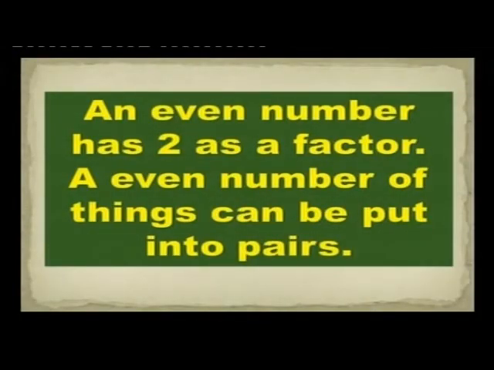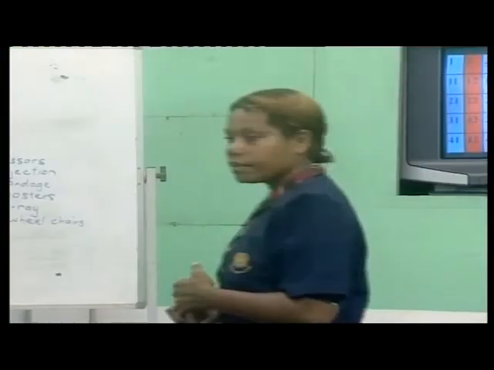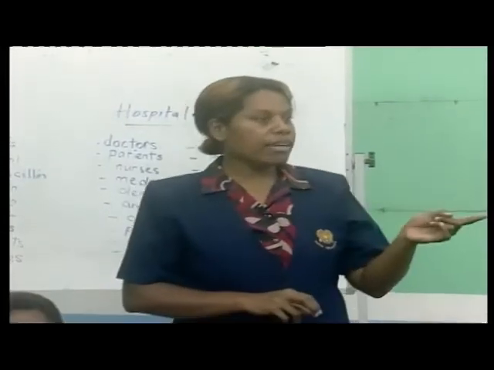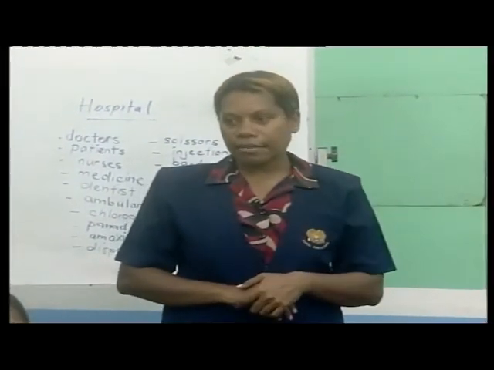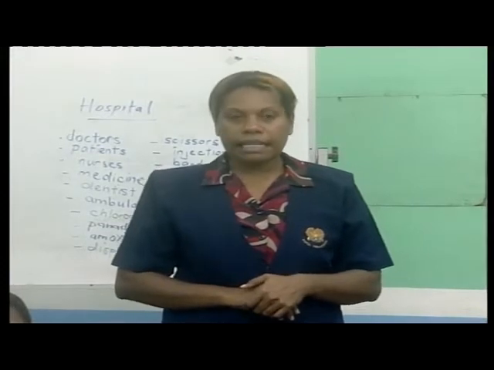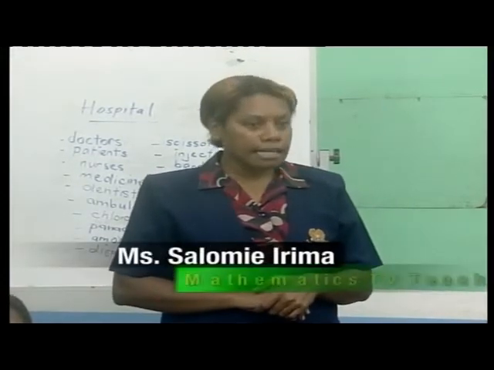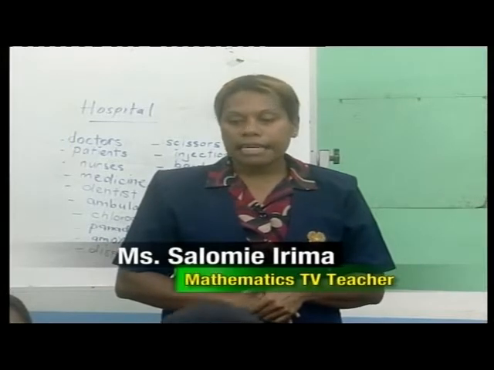Even numbers are numbers that you can pair evenly, and 2 is a factor of an even number. For example, 4 divided by 2 is 2. So you divide evenly and you get an even number. Okay, is that clear, class and receiving students?